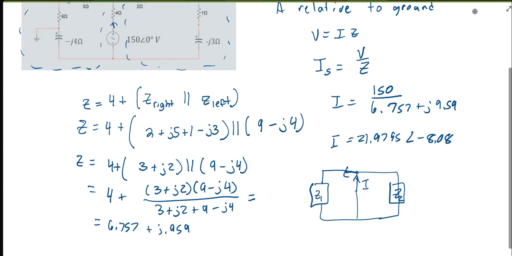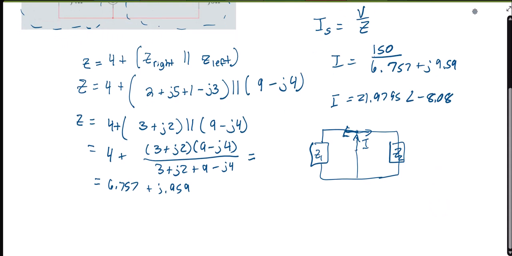I is just splitting up into those two places. And so if I label this Z1 and this Z2, then I1 equals I, our source current, times the other impedance, Z2, over Z1 plus Z2.